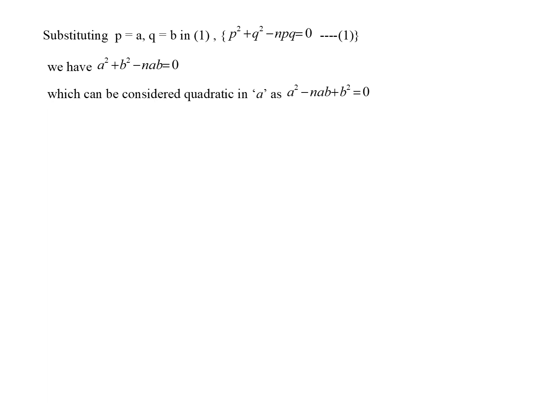When we observe this particular equation, it is not as easy, as we don't have a linear equation here, but a quadratic equation instead. So we are rewriting this in a proper way: A squared minus N into A into B plus B squared equal to 0, which can be considered a quadratic in A. So for a quadratic equation, do you remember the formula for the root?